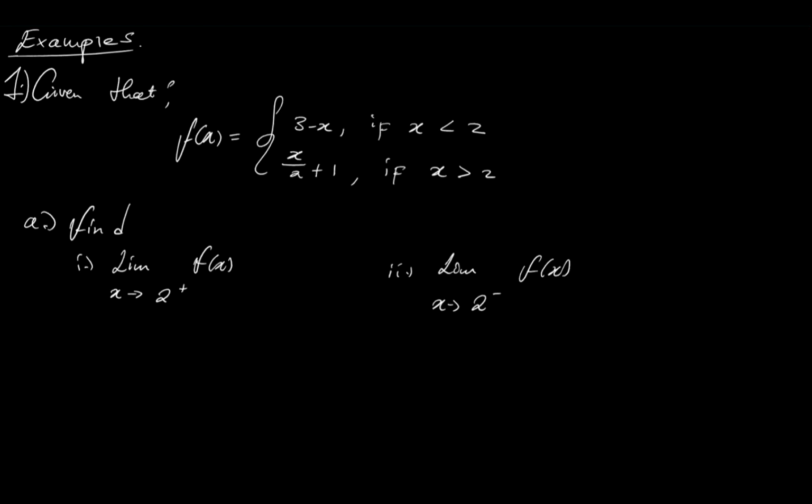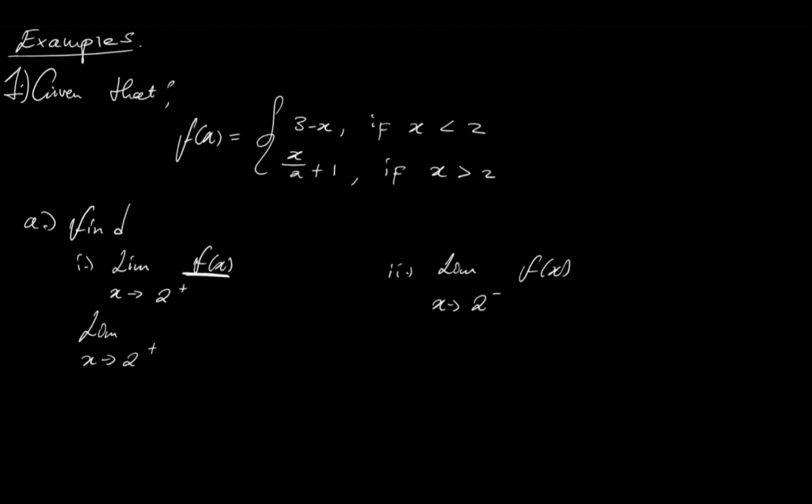We're going to say limit as x approaches 2 from the positive hand side. Now, what would be the function from the positive hand side? So, the function would be the second one here, because the condition is that x is greater than what? 2, which means the positive side.